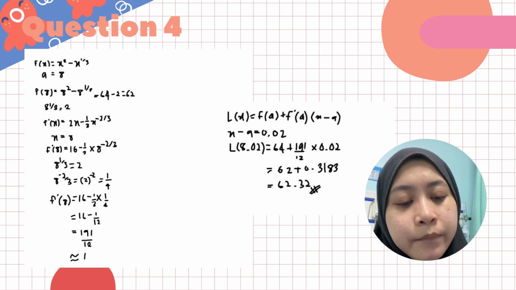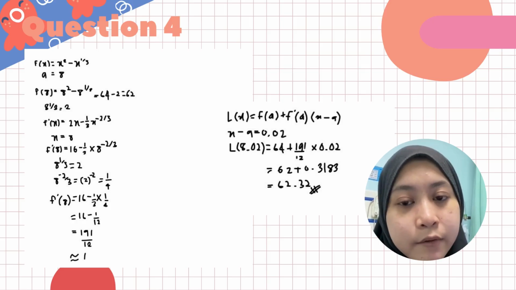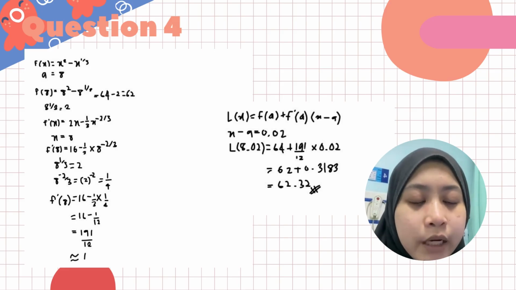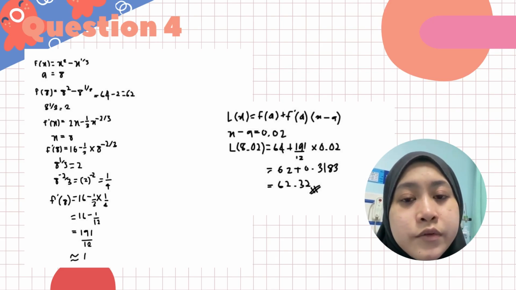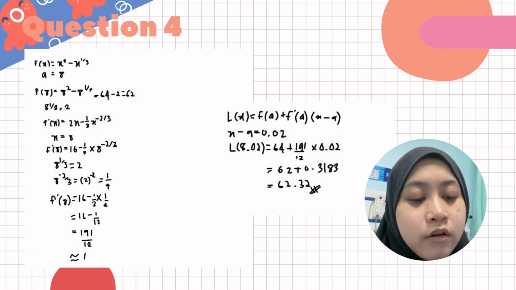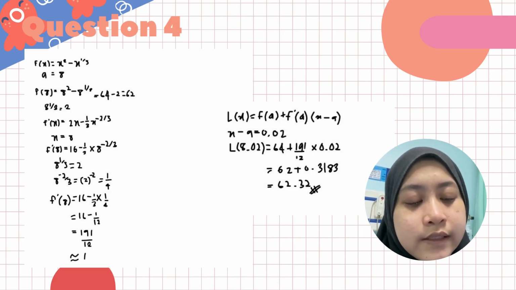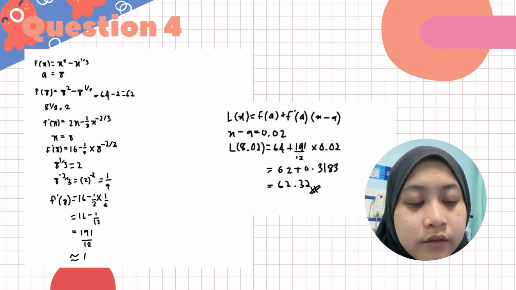We know 8 to the power of 1 over 3 equals 2. So 8 to the power of negative 2 over 3 equals 2 to the power of negative 2. So the final answer is going to be 1 over 4. So f prime(8) equals 16 minus 1 over 3 times 1 over 4. So the final answer is going to be 191 over 12.